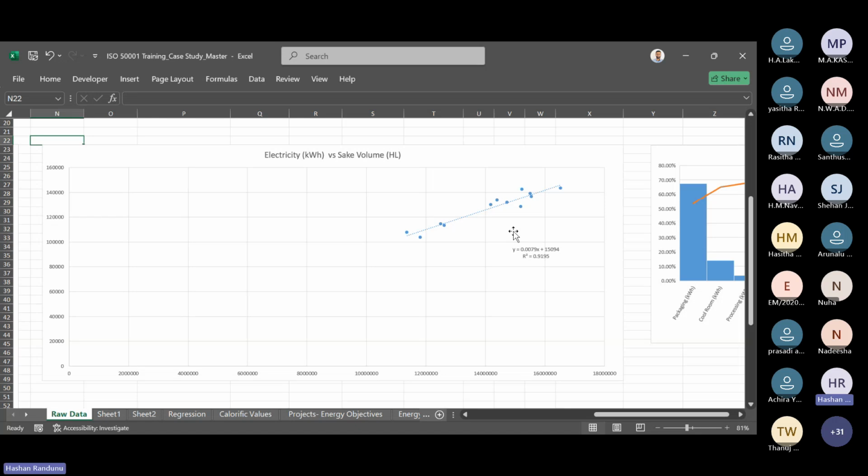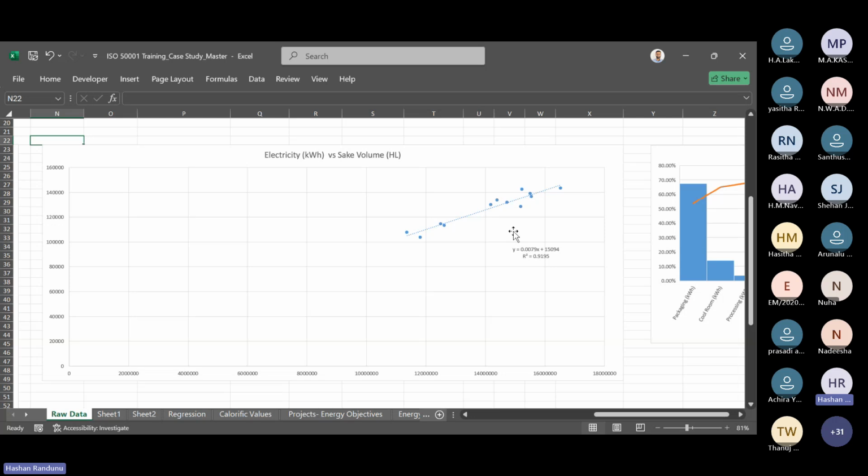Once you do that regression, you can identify whether you can go with a simple ratio or you need a single variable or multivariable regression model as the energy performance indicator.